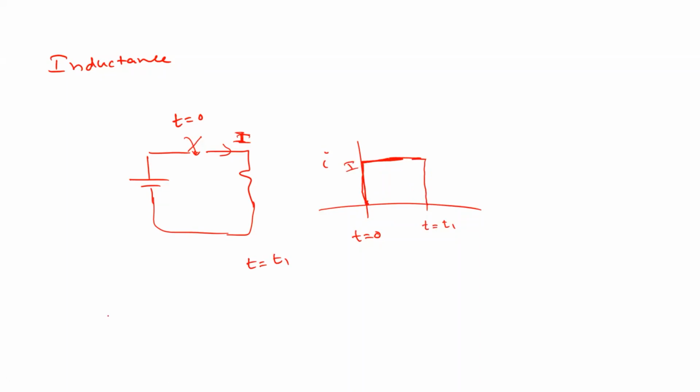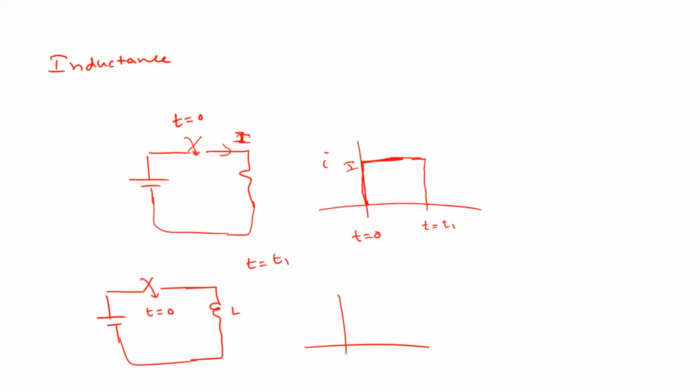Now in case you have something like this, you close the switch at t equal to 0 again, and you have some inductor placed. So now what will happen? A variable current will start flowing.